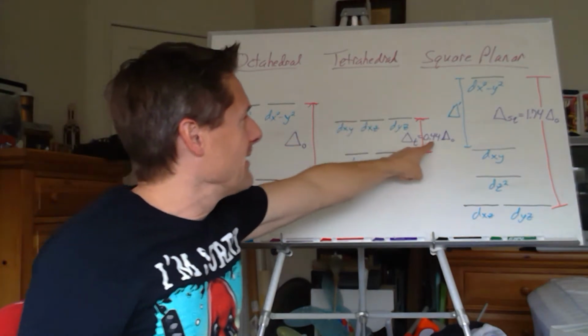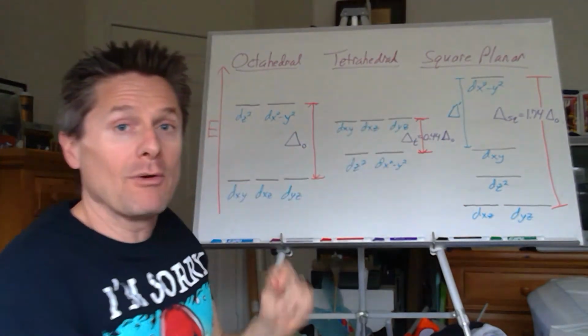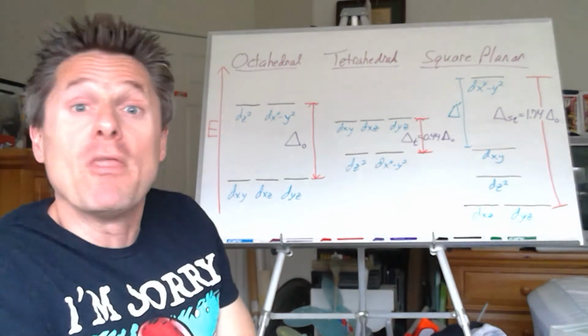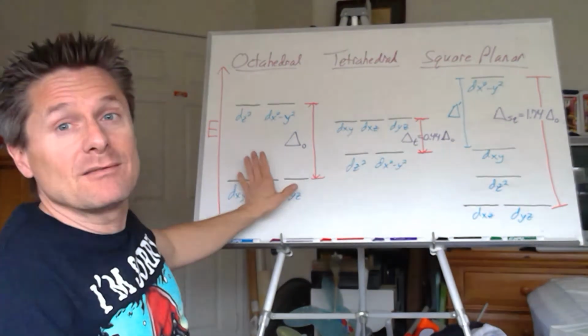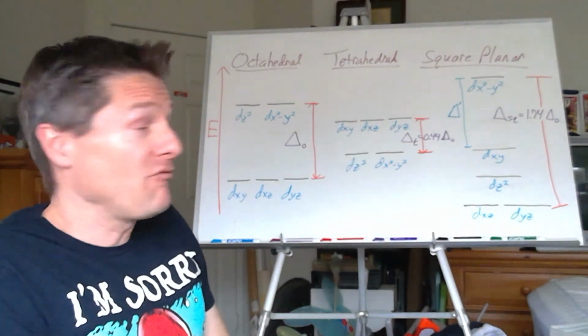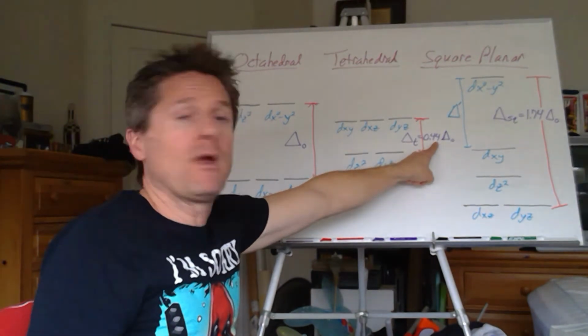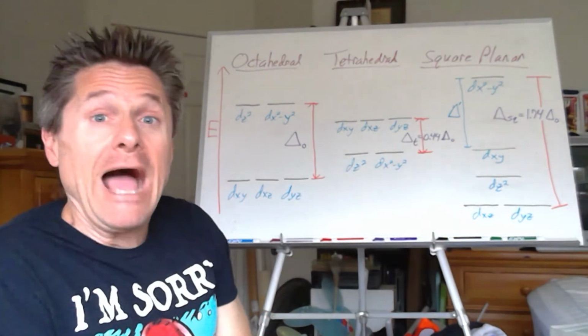So the splitting is only about 44% of the octahedral, so it's much lower. That's going to have a distinct impact on the magnetism of octahedral complexes versus tetrahedral complexes, and then the colors that they form. Okay, so the tetrahedral crystal field splitting is about 0.44 the value of the octahedral splitting.